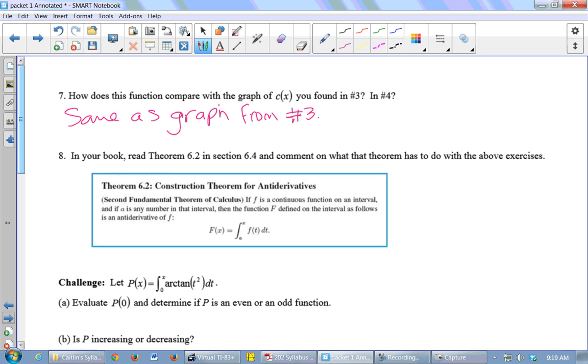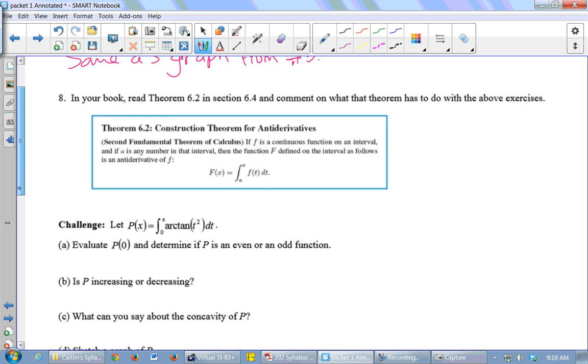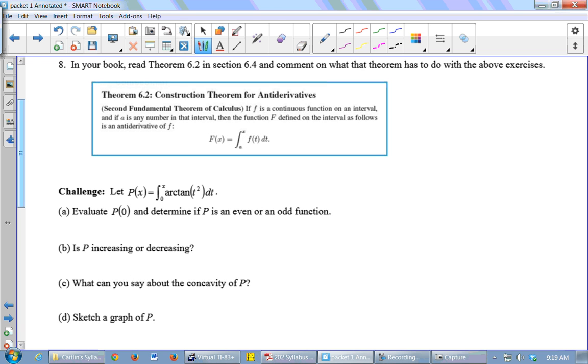All right, so here's the big conclusion. This is the fundamental theorem of calculus part 2. It's a way of constructing an antiderivative, way of creating an antiderivative. If f is continuous on an interval and a is any number in that interval, right?